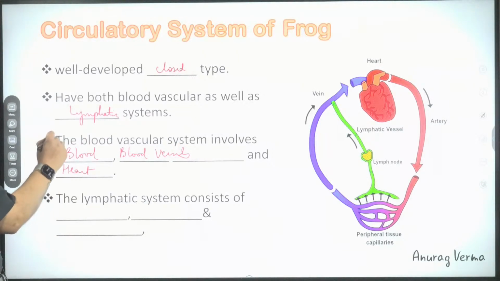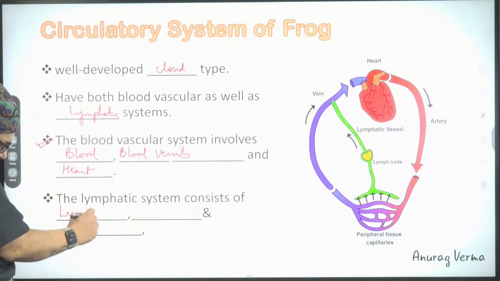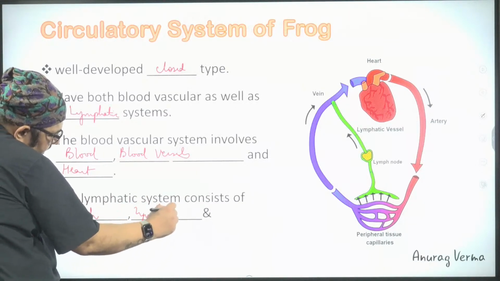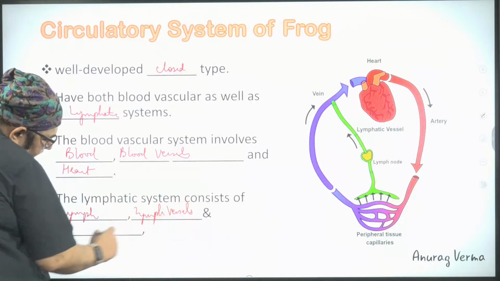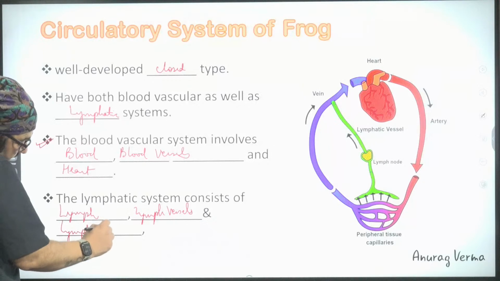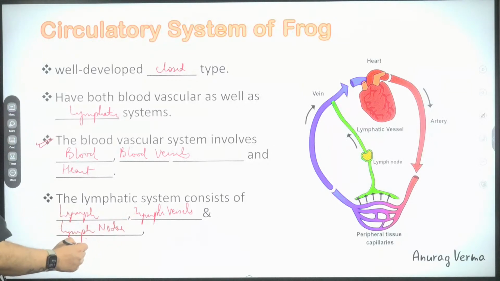The lymphatic system comprises lymph vessels and lymph nodes.